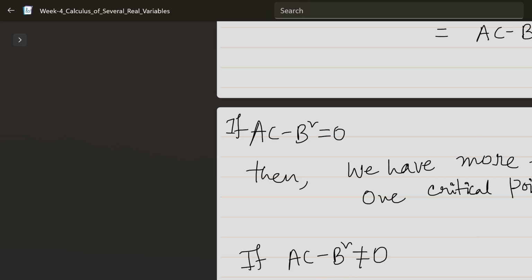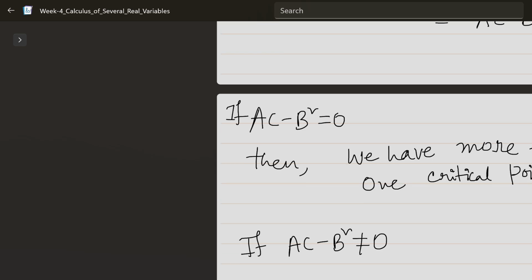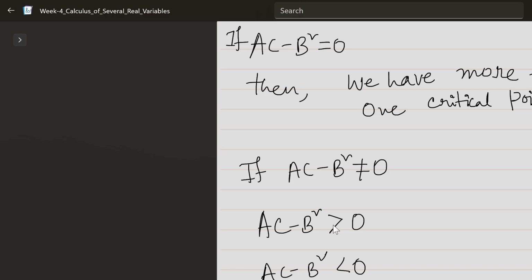So if AC minus B square is non-zero, that means either AC minus B square is positive or AC minus B square is negative, right? If AC minus B square is positive, then what will happen? Tell me. So it has again two cases.